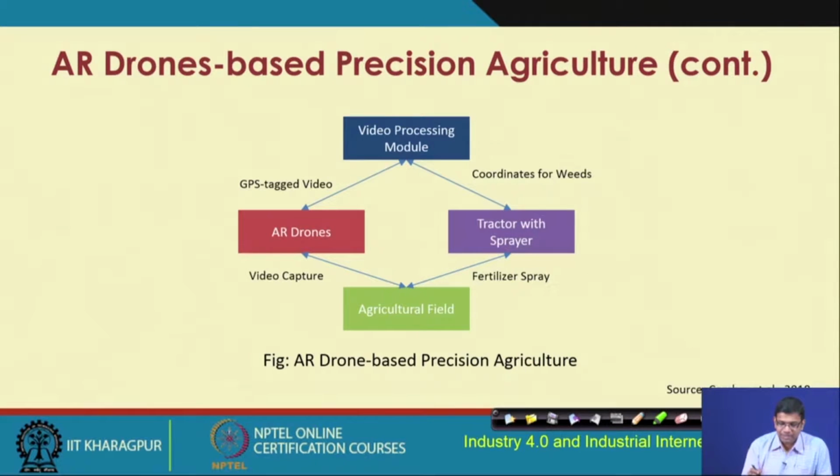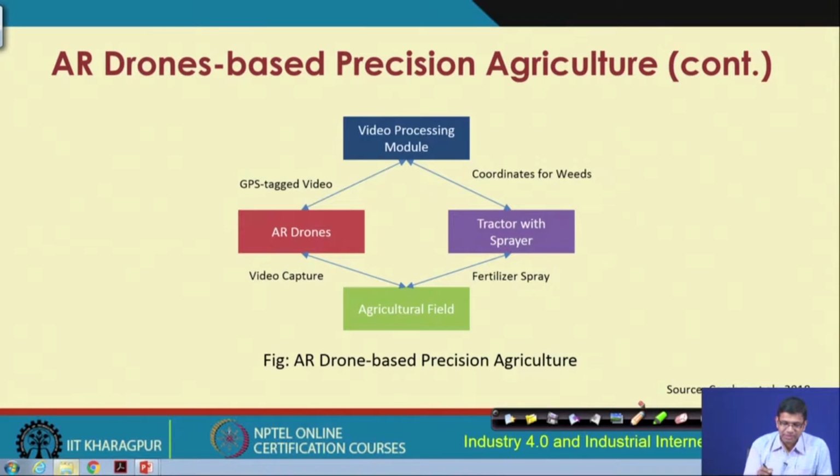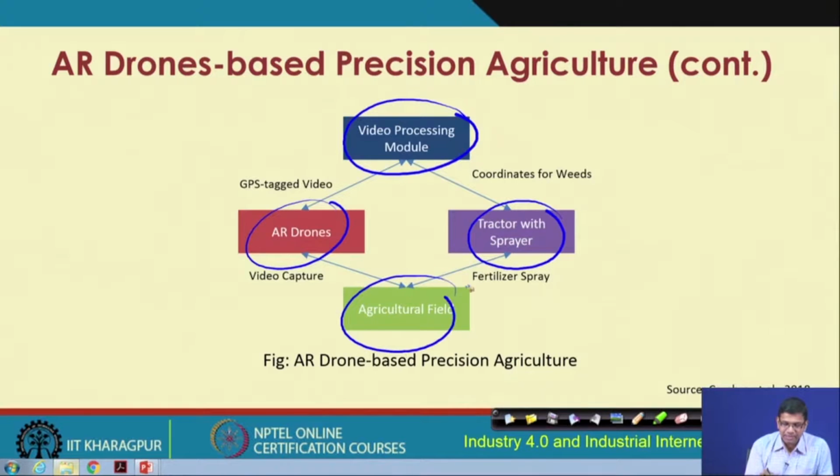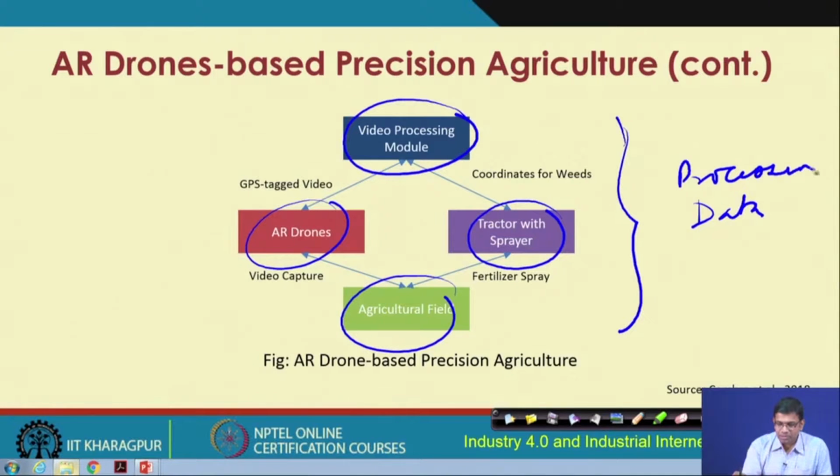So, we have these different interactions between the different components. This is the video processing module that I was talking about earlier. So, drones, video processing module, tractor with sprayer which can be actuated, and the agricultural field, and the overall flow of data between these different components are shown over here. So, data and the processing of the data is again very important, and suitable analytics will have to be performed.